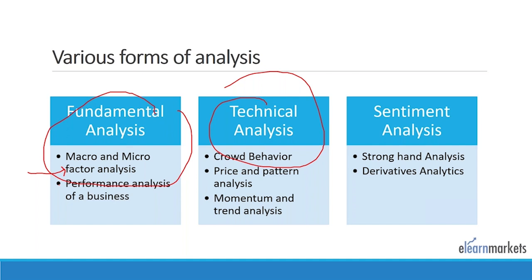For example, unemployment rate, inflation rate, interest rate, etc. These are macroeconomic factors which can influence the demand and supply for USD INR. So fundamental analysis actually goes to the grassroots level of estimating the factors influencing that asset class.